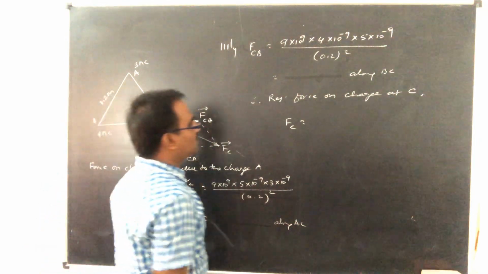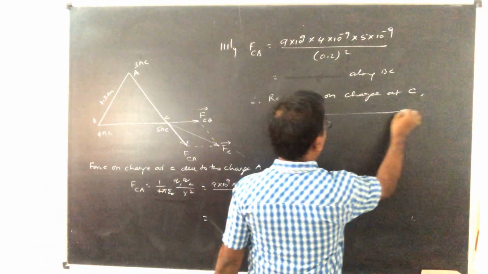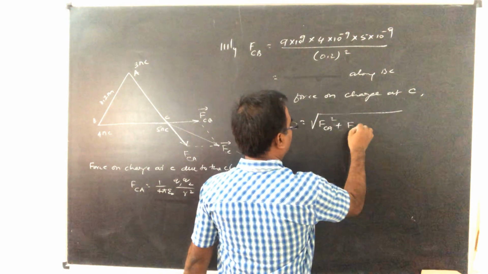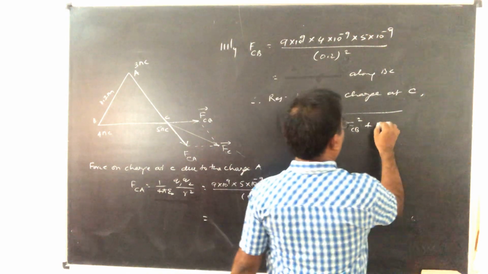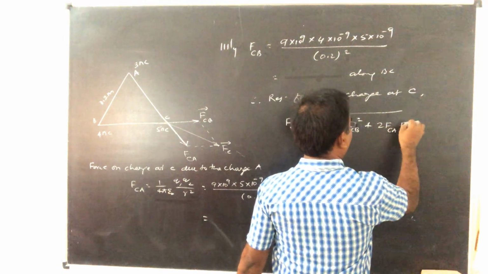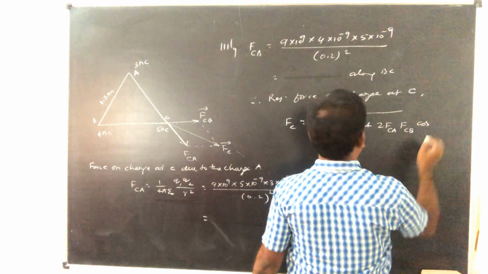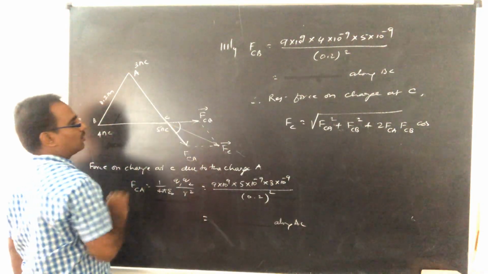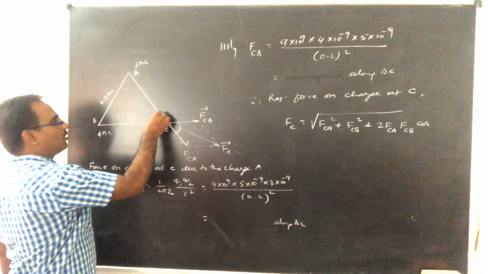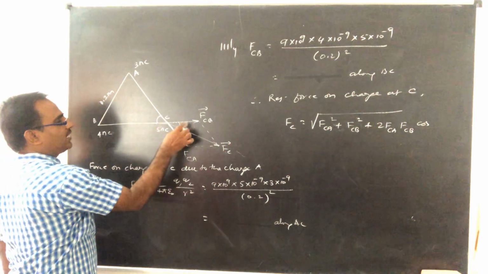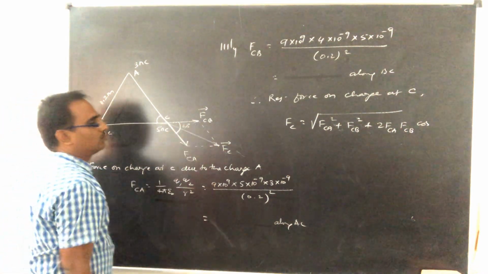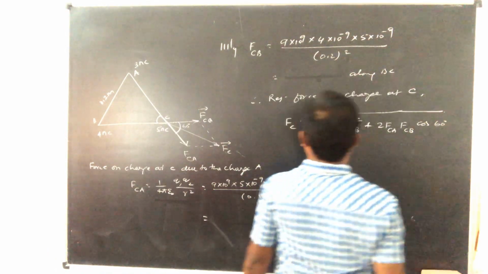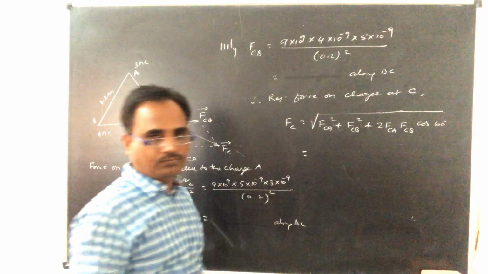So this FC is equal to root of FCA square plus FCB square plus 2 FCA FCB cos of the angle. What is the angle between these two forces? This being an equilateral triangle, this angle must be equal to 60 degrees. So obviously this is also equal to 60 degrees. So it is cos 60. So you do this calculation.